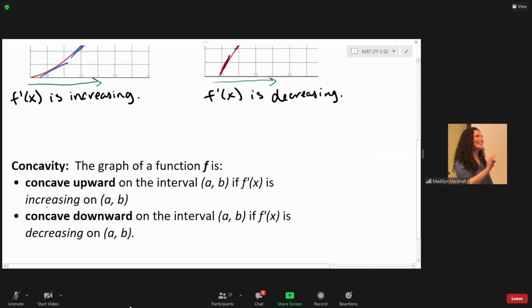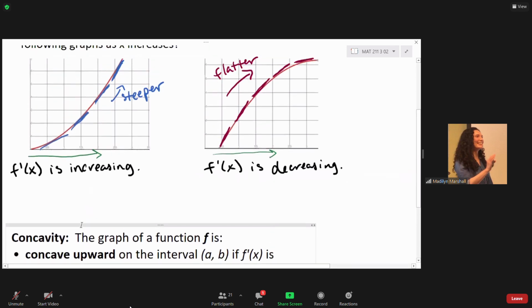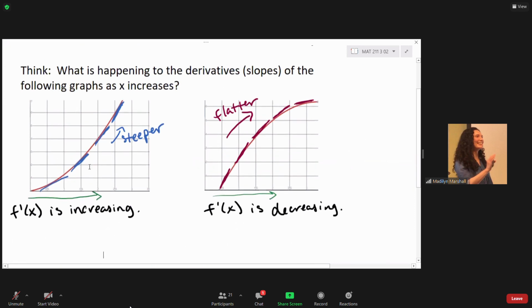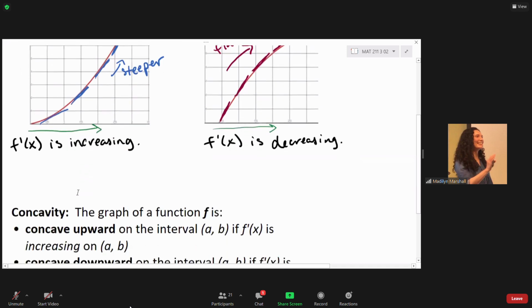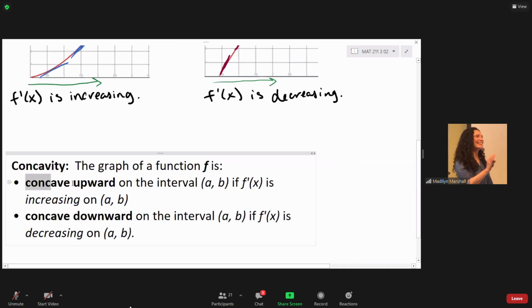Okay, so the concavity of a graph or a piece of a graph refers to if, basically, the first derivative is increasing or decreasing, and they look like this. So we say a graph is concave upward or just concave up. That's usually what I say.